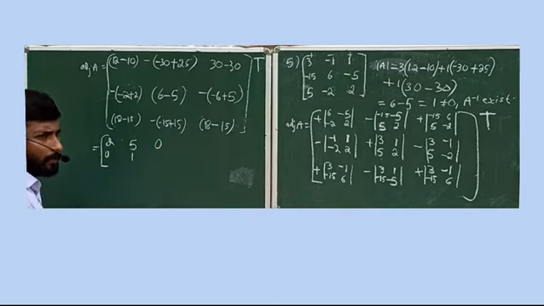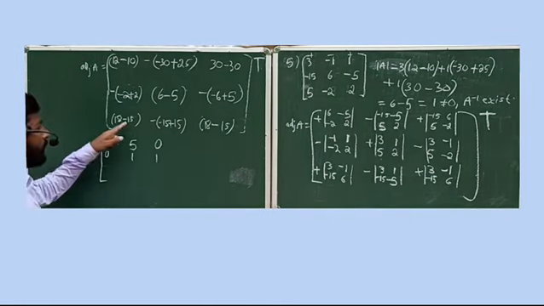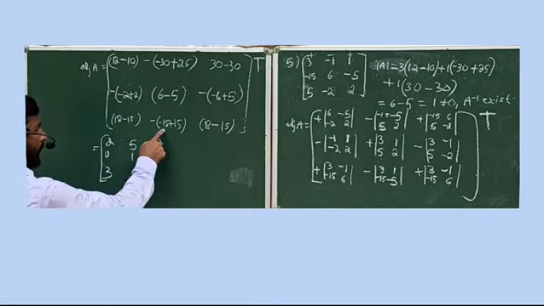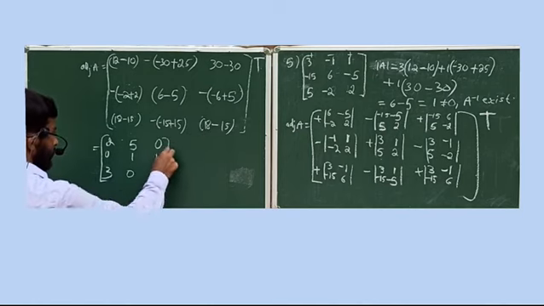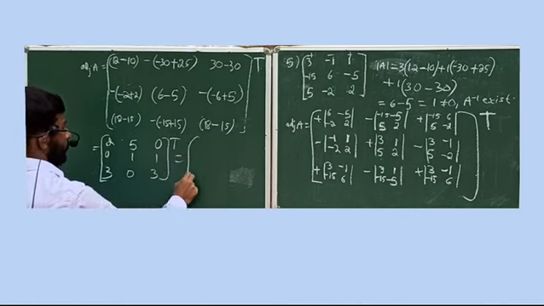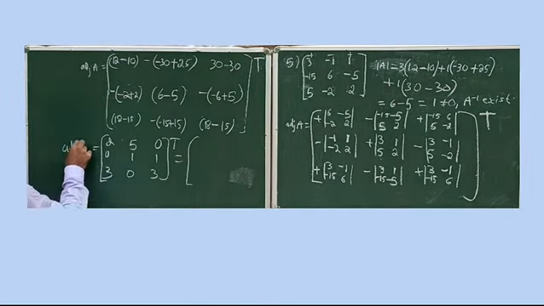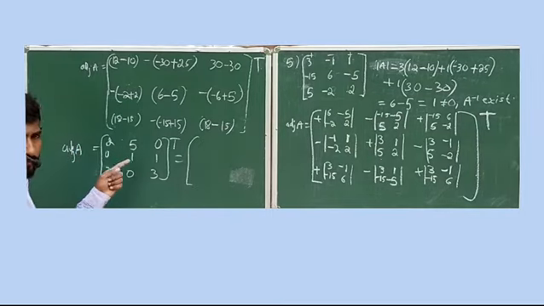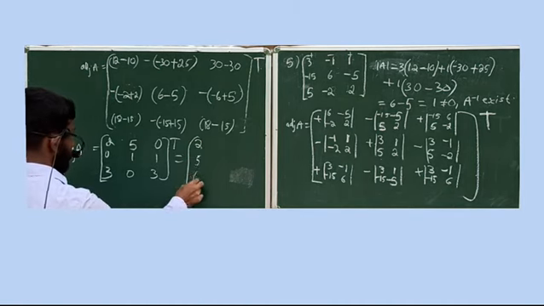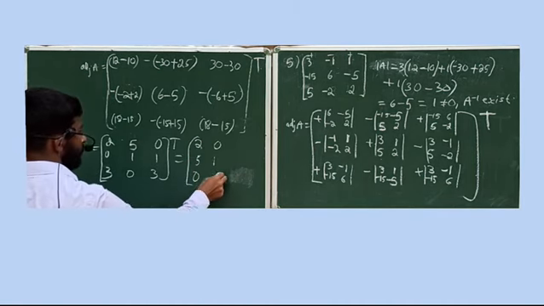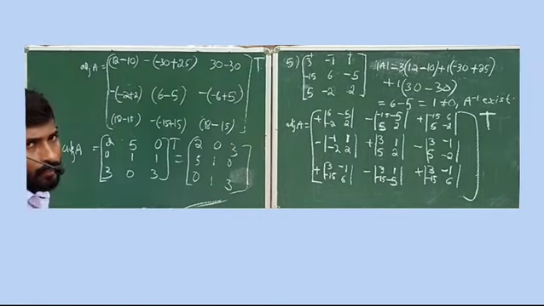Minus 6 plus 5 is minus 1, 1 minus outside, so here we'll get plus 1. 18 minus 15 is plus 3, minus 15 plus 15 is 0, 18 minus 15 again is plus 3. Transpose: take the transpose of this matrix. Adjoint A is equal to, transpose means interchanging rows and columns, so you'll get 2 5 0, 0 1 1, 3 0 3. This is nothing but the adjoint of the given square matrix.